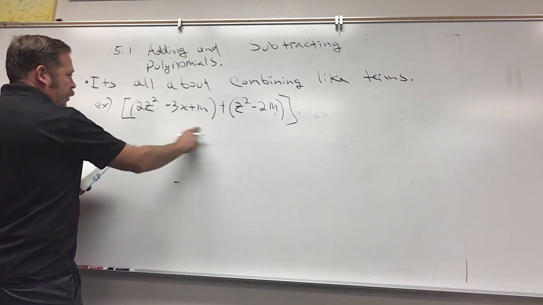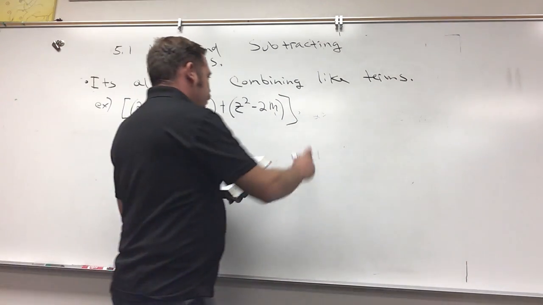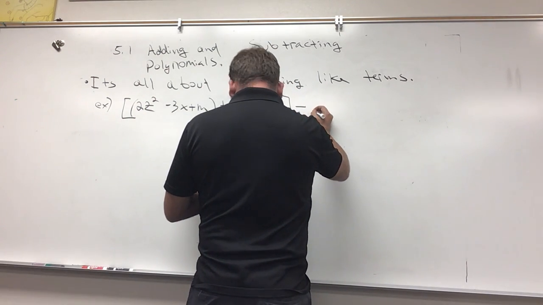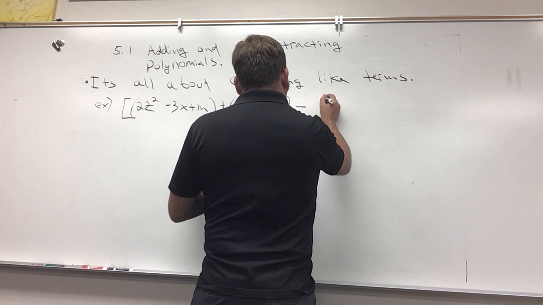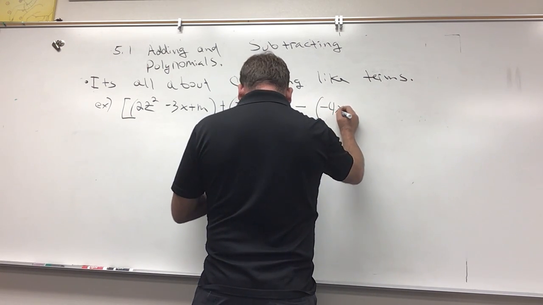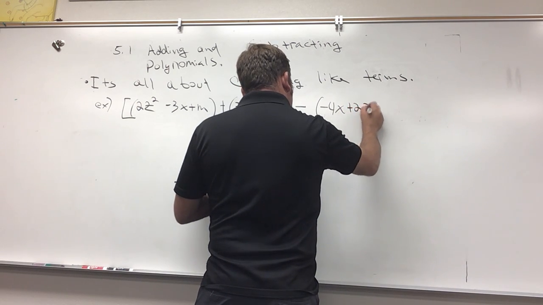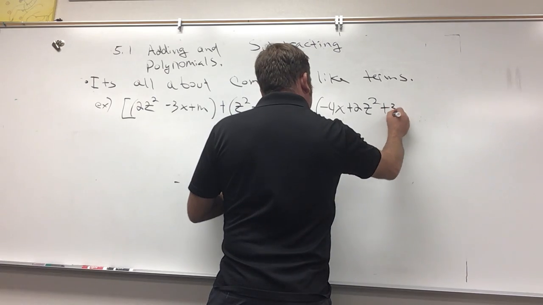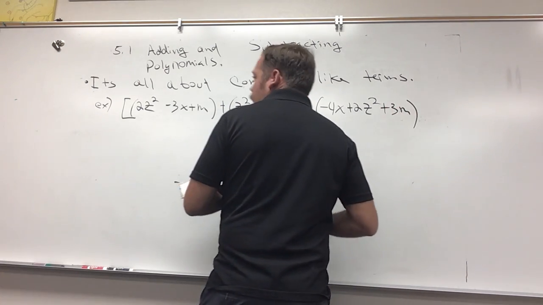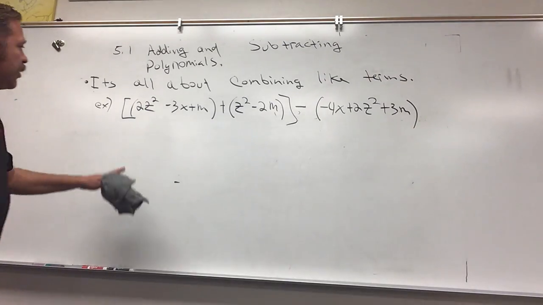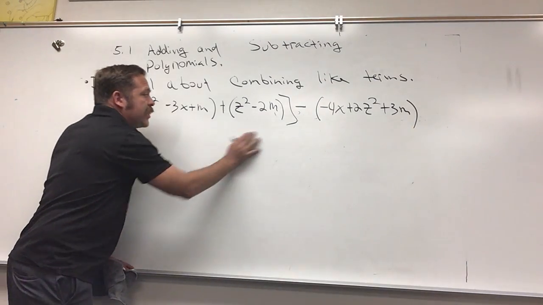All right, so that, and we're going to subtract from that minus negative 4x plus 2z squared plus 3m. Okay, so first thing, I do not want you to be afraid of these brackets here, okay?